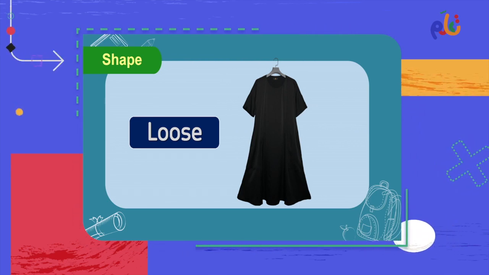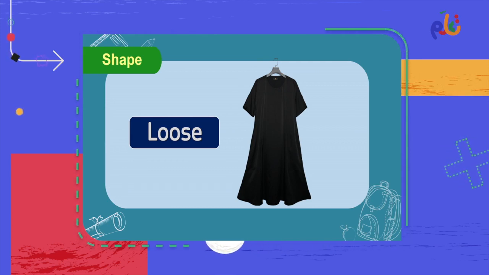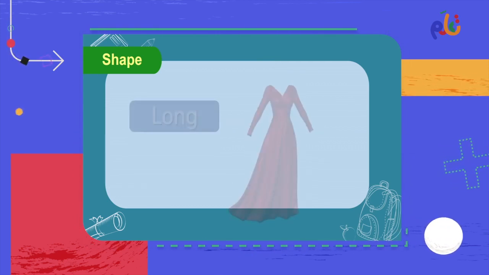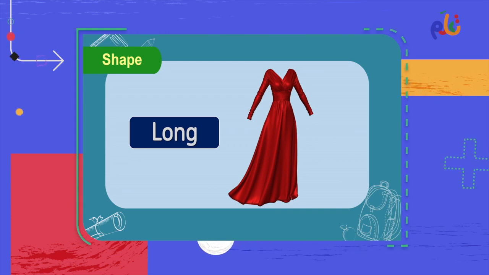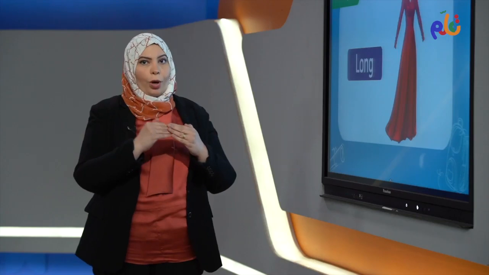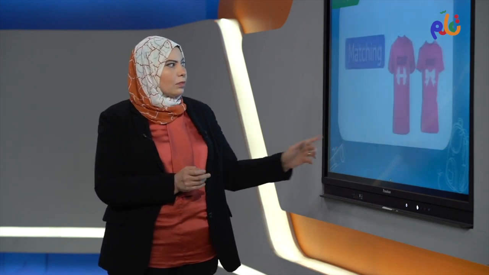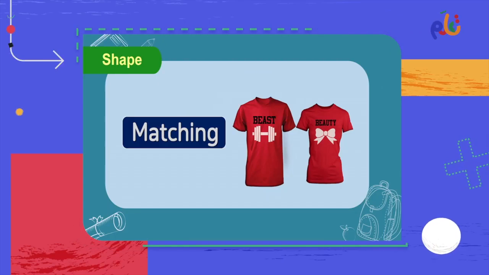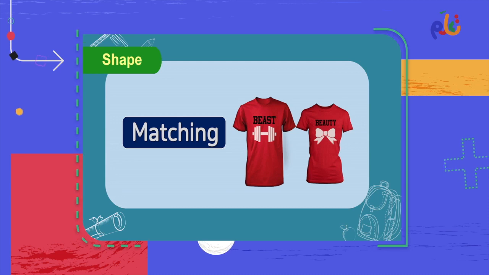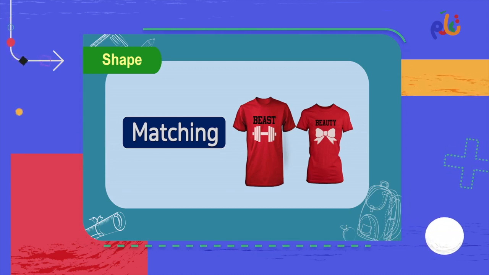And we have the opposite, loose, which means big. And we have long, like we said, short, and the opposite is long. And we also have matching, which is the new style when you have two people who are wearing the same colors or the same style. We call them matching.